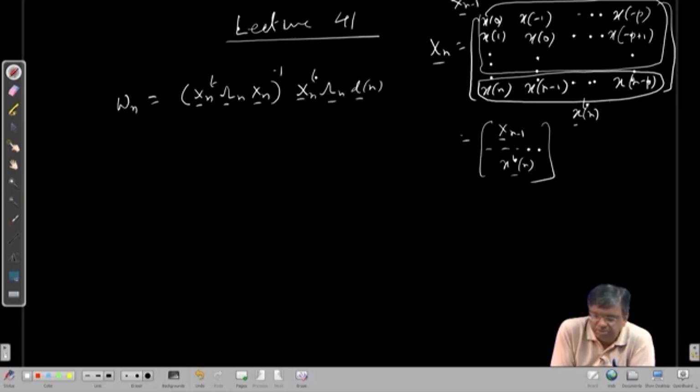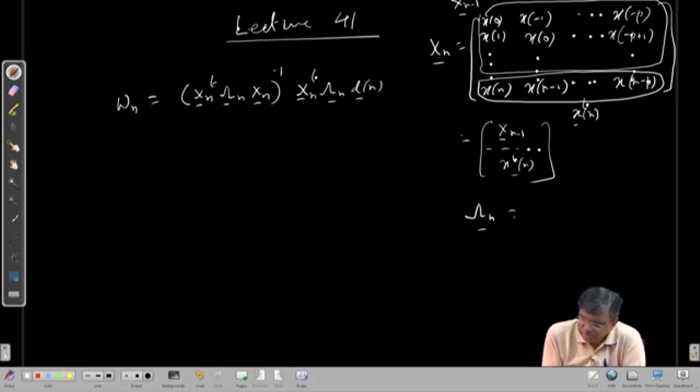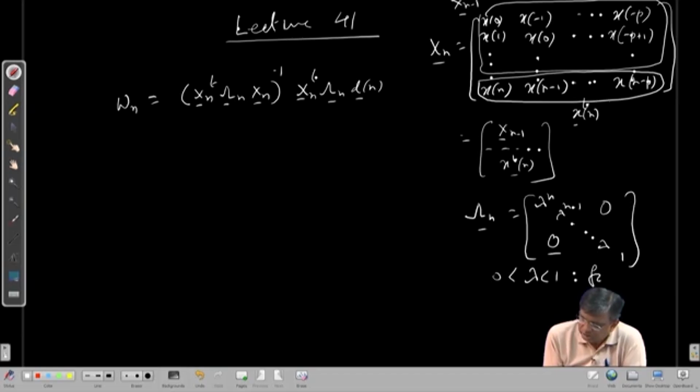D n is the real response vector, and lambda n was this, where lambda is the forgetting factor.